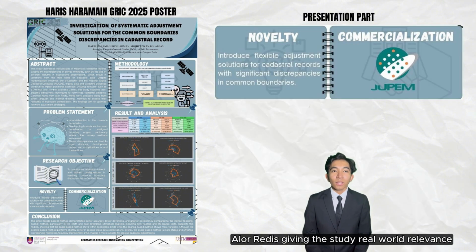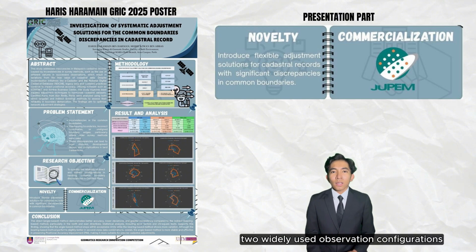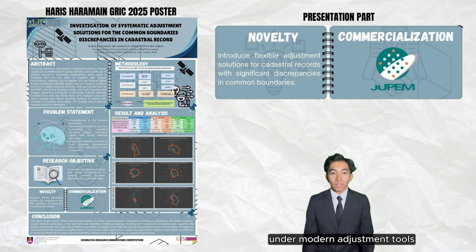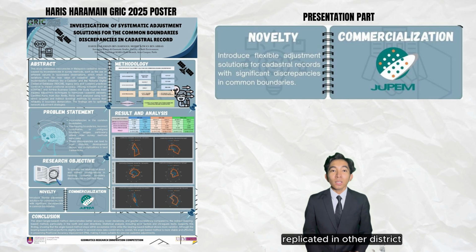So, what makes this research novel? First, it goes beyond theory. It uses actual certified plans in a known region, giving the study real-world relevance. Second, it directly compares two widely used observation configurations under modern adjustment tools, something not often explored side by side in the Malaysian context.